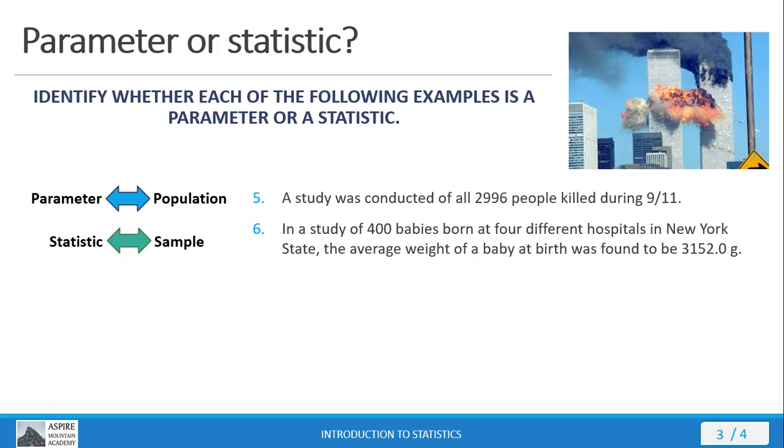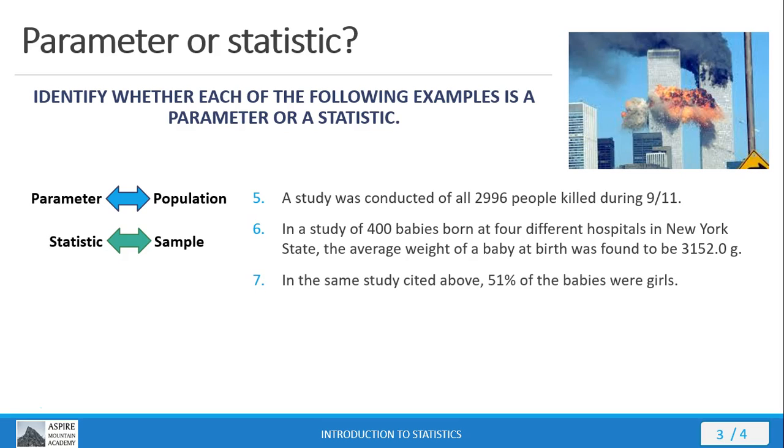The average baby weight is just extra info that will throw you off track. Look at the numbers feeding the calculation. We have baby weights, but there's only 400 of them, and they're from only 4 hospitals in New York State. There are both tons more babies and hospitals in New York State, so we have a sample here, and that means our data values are statistics.